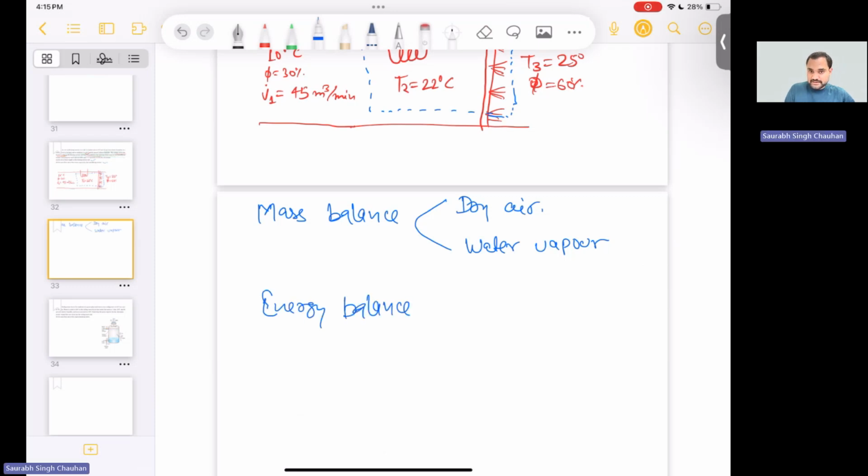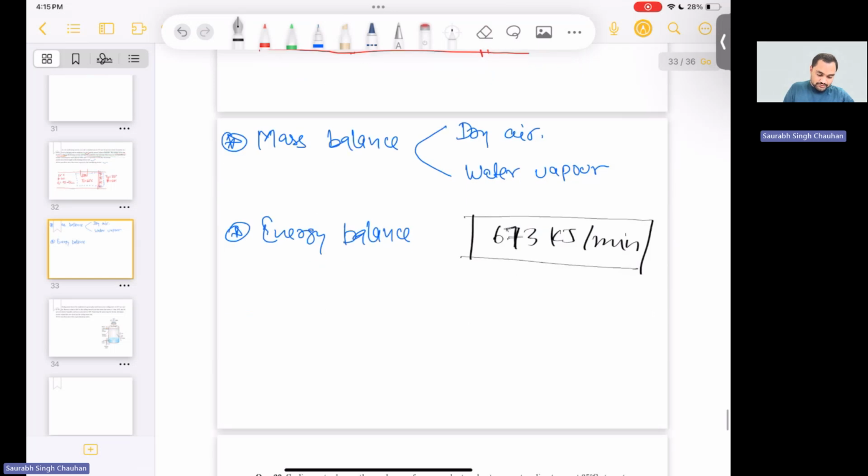This is one approach. You can try to solve it in some other way as well, but ultimately you should get the same answer. The answer for this part, I'm writing the final answer, will come out to be 673 kilojoule per minute.